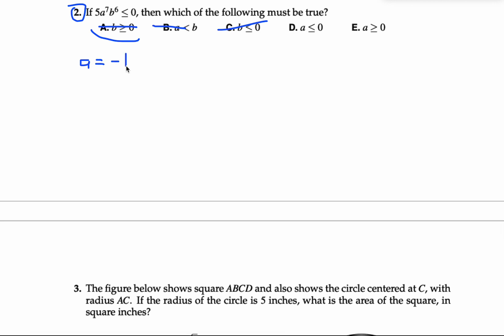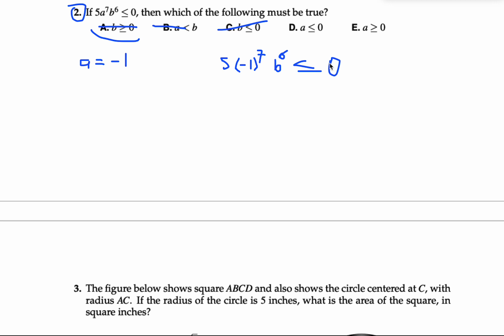So we set a to -1. We plug this into the equation to see what this simplifies to. So a -1 to the 7th power. And then we get b to the 6th power is less than or equal to 0.